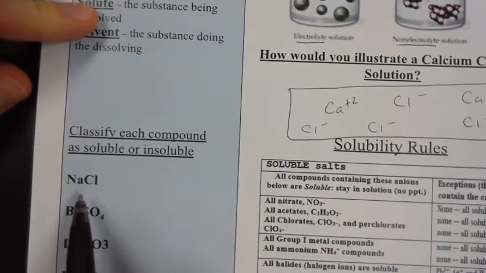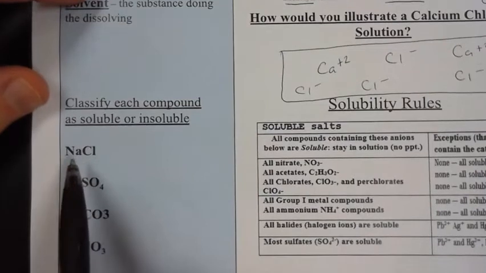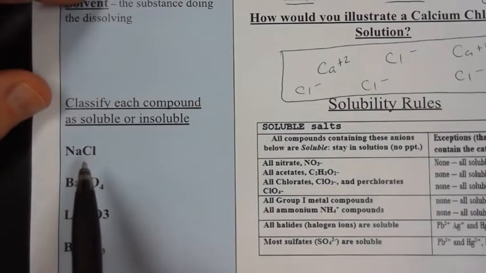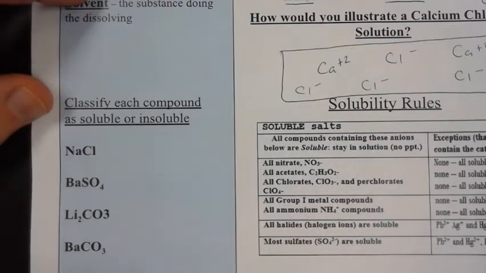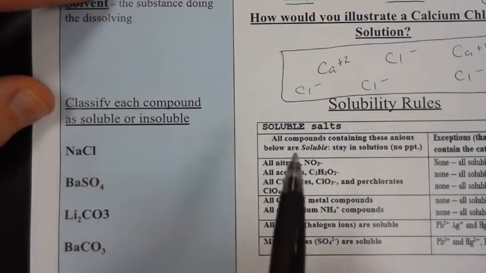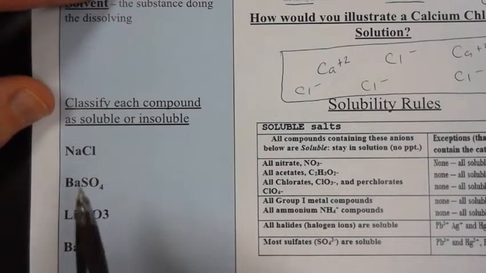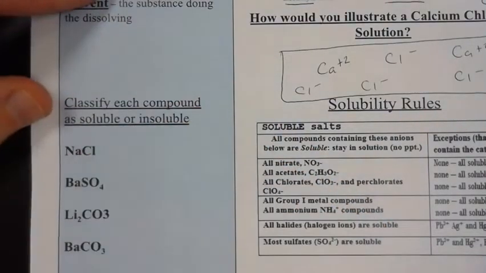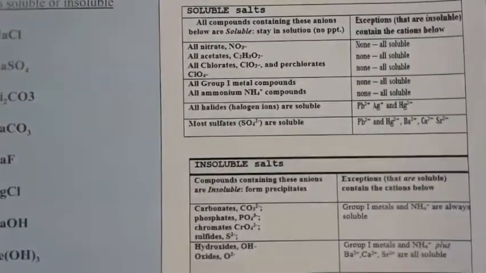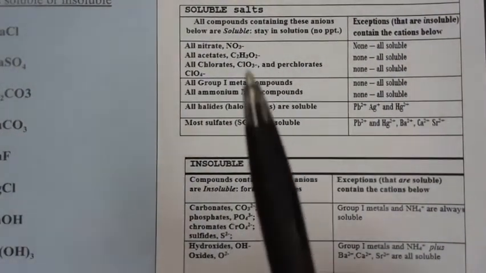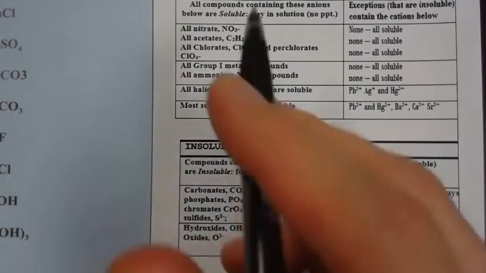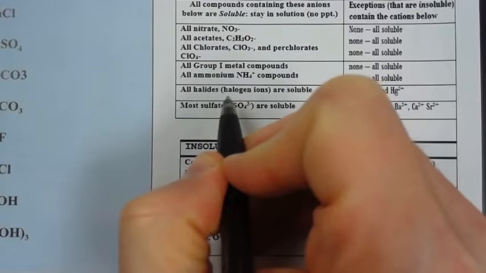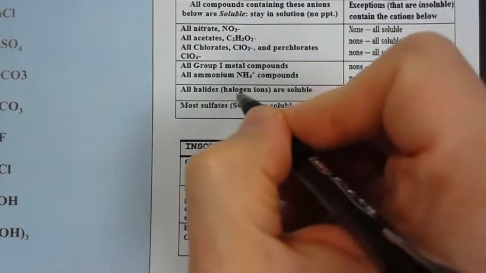All right, so the first one we're going to talk about is NaCl, which is something that we know dissolves pretty regularly into water. This is just table salt. It was the example at the top of the page. But I want you to try and identify what rules on these two tables make this, in fact, a soluble compound. We notice that there's not a whole lot that says sodium or chlorine, but we have to remember that the term halogen refers to group 7.